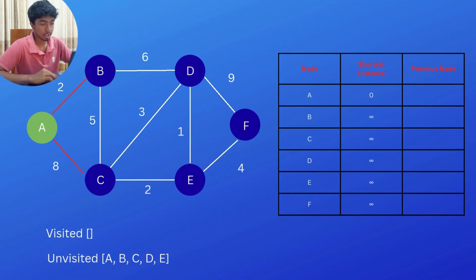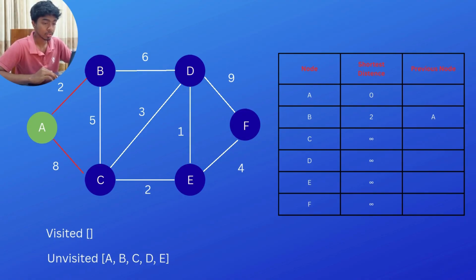If we have found a new shorter distance to one of the unvisited nodes, so B and C are unvisited and the current distance is infinity, so we can update the distance from A to B and store A as the previous node in our table. And same applies to the node C.